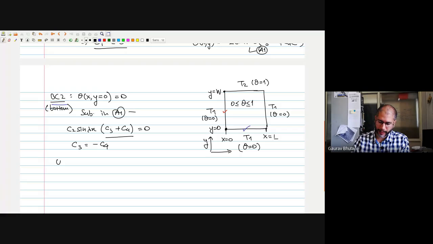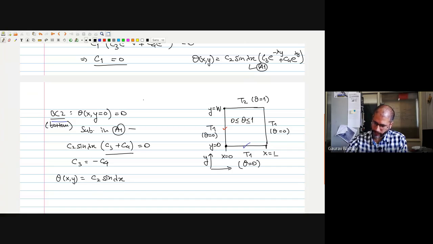So my updated version of theta now becomes C2 sine lambda x times, if I substitute C4 as minus C3, so I can take my C3 out, and then e to the power of minus lambda y minus e to the power of lambda y.